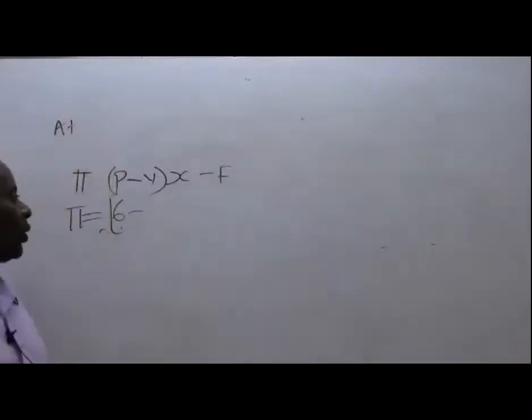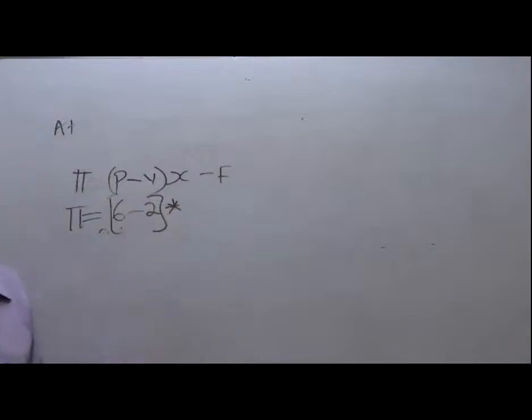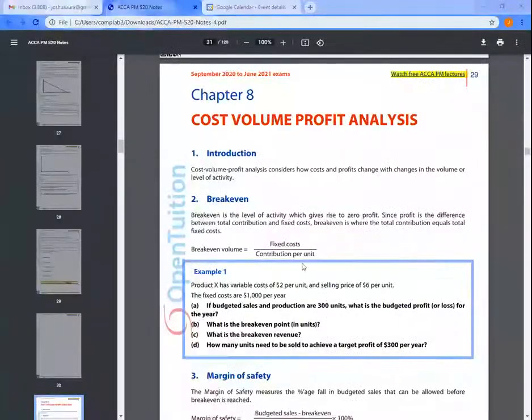So 6 minus 2 times X, where X is the quantity. The quantity we're going to sell here is 300 units.